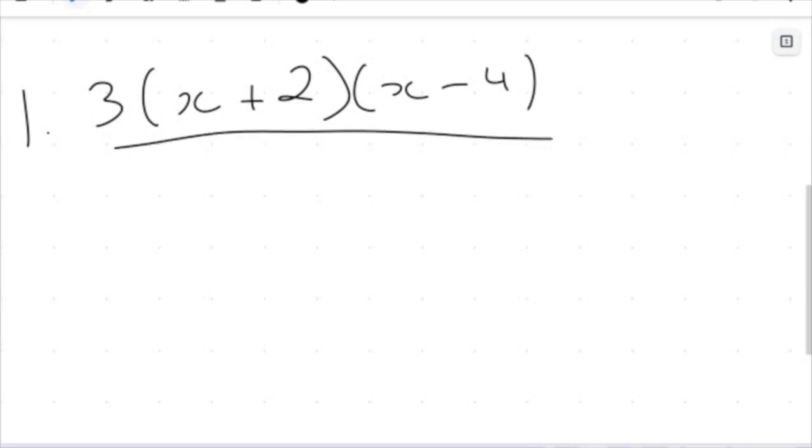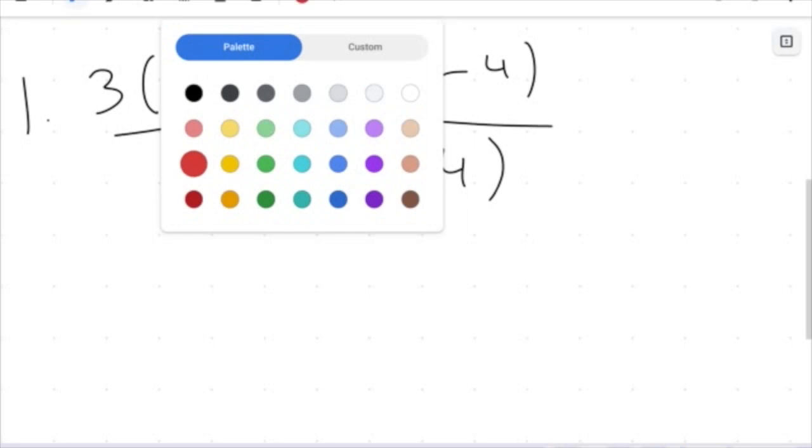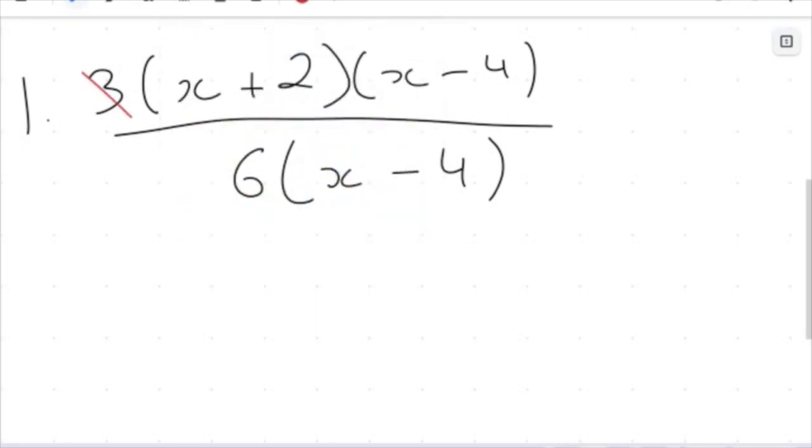Okay, so I have this fraction here. Now, all we're trying to do here is find things top and bottom that cancel each other out. Now, let me start with these nice numbers first. I can see that 3 and 6, the number 3 goes into both of those. So 3 goes into this numerator 1 time and into this denominator 2 times.